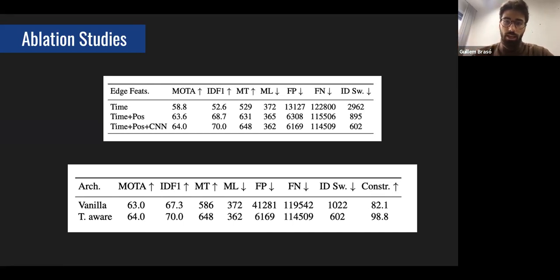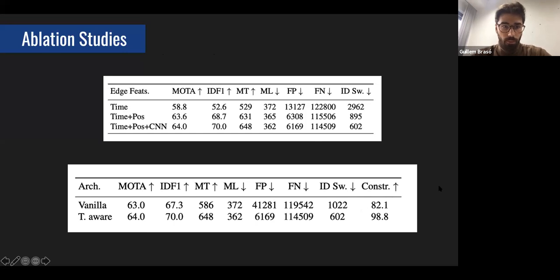So essentially, how many situations you find in which you have these violations, in which one node has, for instance, 2 edges out of it. And you see that this time-aware step helps a lot in this regard. The vanilla one only has around 82% of constraints satisfied, and the time-aware one has almost 99%. So this essentially means that the results of this network are almost automatically feasible.